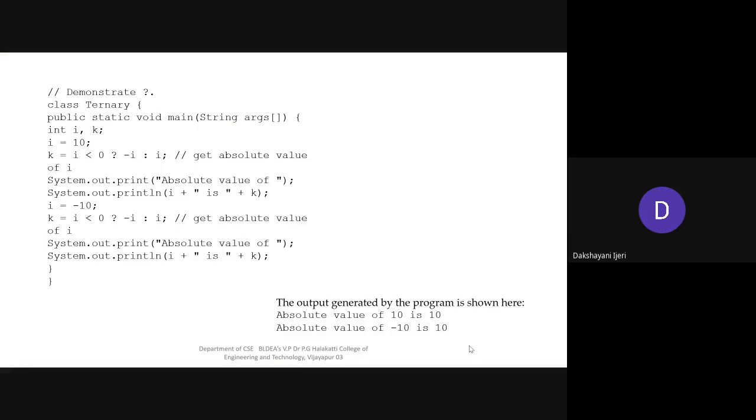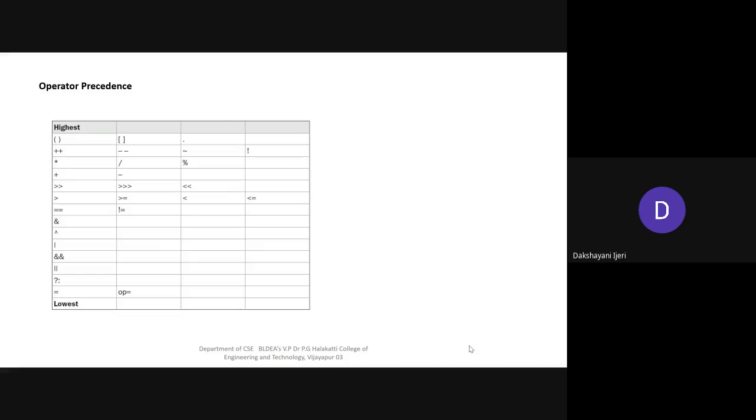Sorry, one more concept is there, operator precedence. I think all of you know about precedence. Whenever you have an expression with multiple operators within it, how is the compiler going to decide which operator needs to be evaluated first? Java works upon this table to decide that, that is, which one is given the highest precedence level.